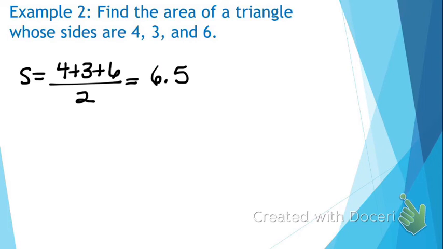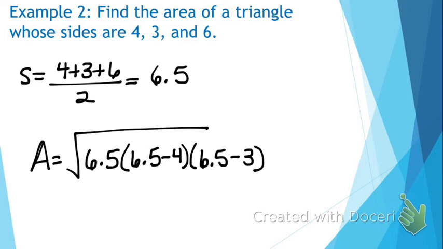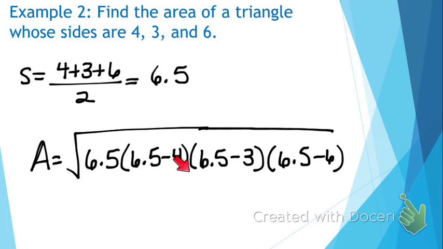Okay. And then your area equals, so you take 6.5 and then you take 6.5 minus 4, 6.5 minus 3, 6.5 minus 6. Now, like I said, it just depends on what kind of calculator. You don't have to go through and find these individually.